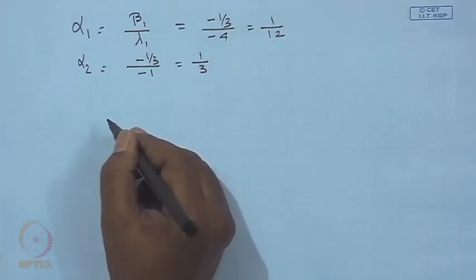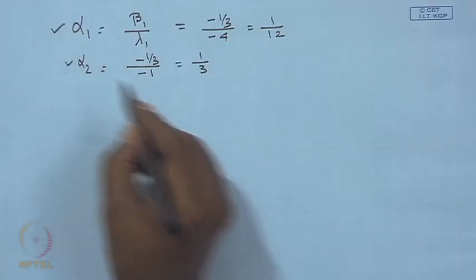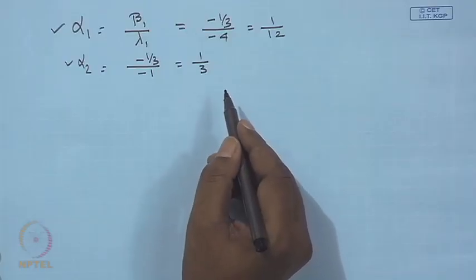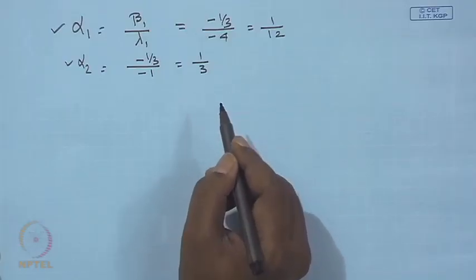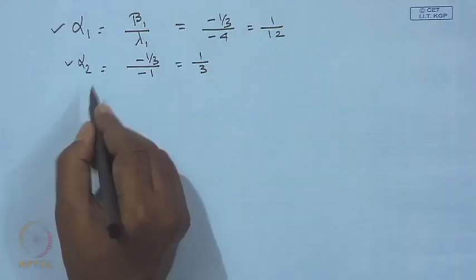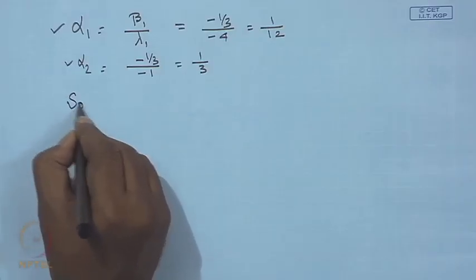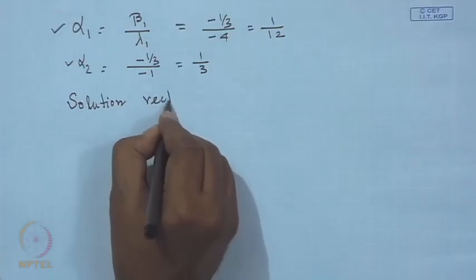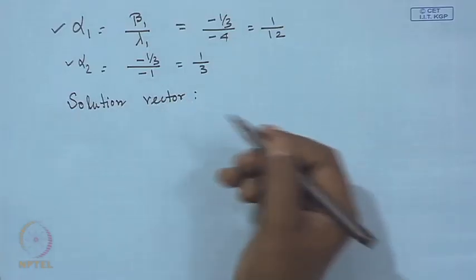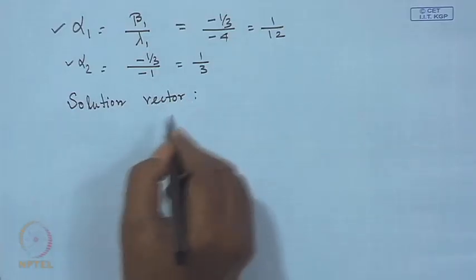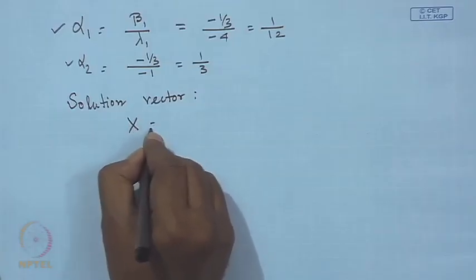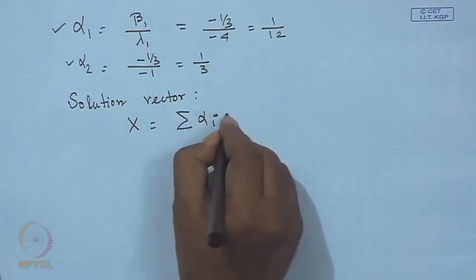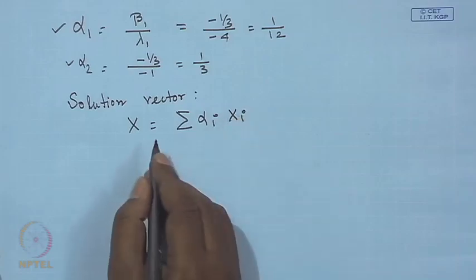Now, since the alphas are known and the x i's, the eigenvectors of A, are already determined, you will be in a position to get the solution vector. The solution vector is nothing but a special matrix. So, the solution vector is given as x is equal to summation alpha i x i.